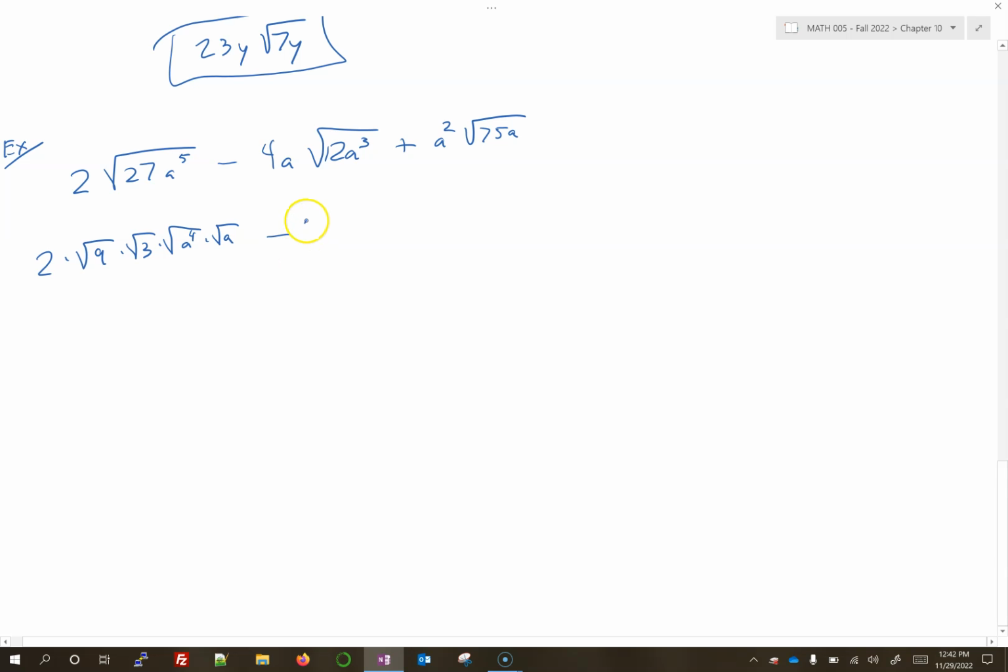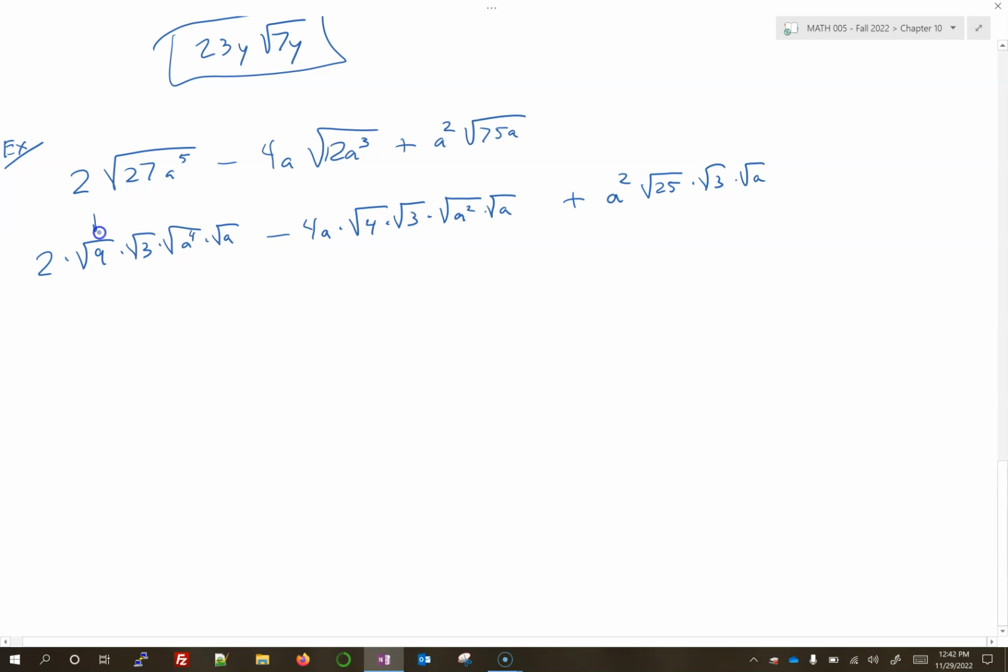For this second one, we're going to have a 4a out front, and I'm going to break this up into the square root of 4 times the square root of 3 times the square root of a cubed, or I'm sorry, this will be a squared times the square root of a. And then the last one, we'll have the square root of 25 times the square root of 3 times the square root of a. All right, so I've broken up all of these radicals.